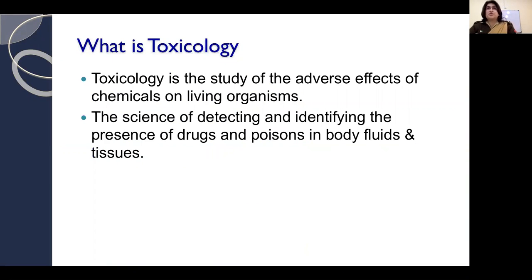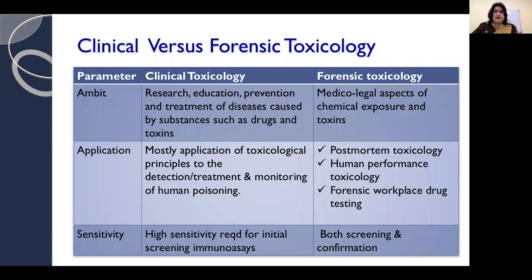Coming to the actual topic, toxicology is the study of the adverse effects of chemicals on living organisms and the science of detecting and identifying the presence of drugs and poisons in body fluids and tissues. Now, forensic toxicology is yet another important class of toxicology, and I think it was pertinent to mention some salient yet very important differences between clinical and forensic toxicology.